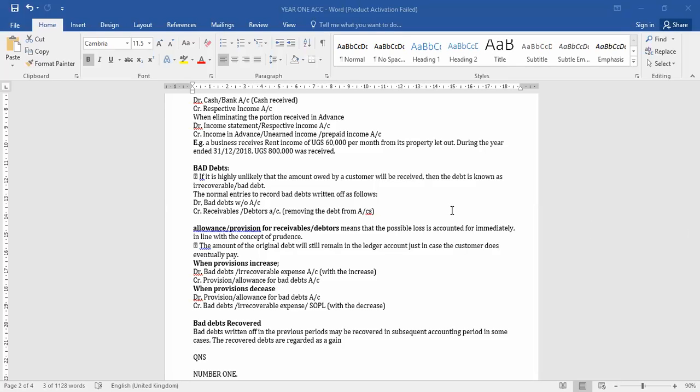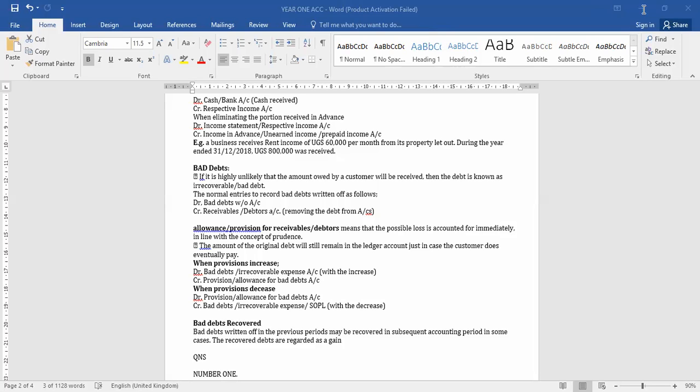I'm talking about that transaction that you're seeing under bad debts, just 3 lines below, where they say debit bad debts and credit receivables or debtors account. When a bad debtor comes back to pay you money, remember you had written him off. You're supposed to reinstate the fact that he's a debtor. So in reinstating, we do the reverse by crediting bad debts and debiting the debtor's account.